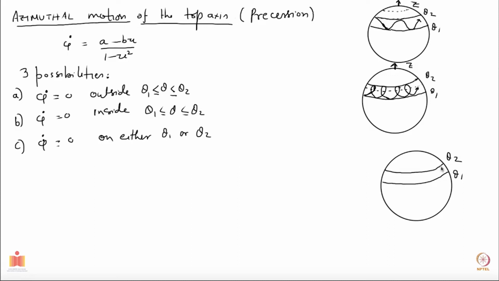So let's say the derivative goes to 0 on this arc. So what's the situation now? Your tip will move like this. It returns, it goes up. Now the derivative has to vanish here, but higher values of theta are not allowed, so it has to return back, and this is what you'll get. So it makes cusps here.